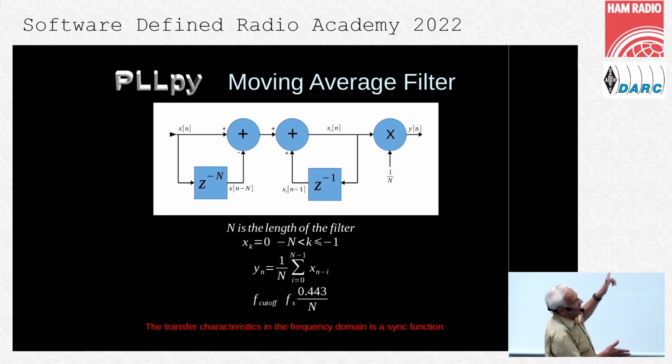But in this implementation, it doesn't have to do the whole averaging for every sample. It has a continuously running integrator, and it has a delay line on the input samples, which delays the input samples by n, and the output of the delay line is subtracted from the input of the integrator. So the integrator will always contain the sum of the n previous samples. That's a very tricky thing.